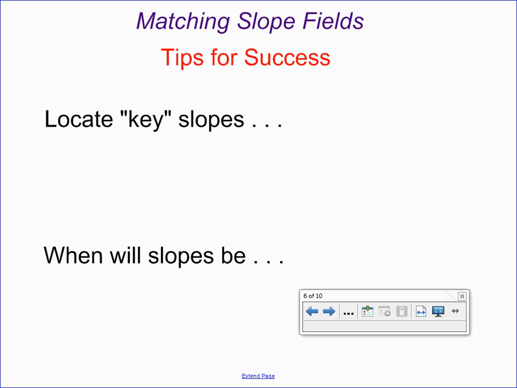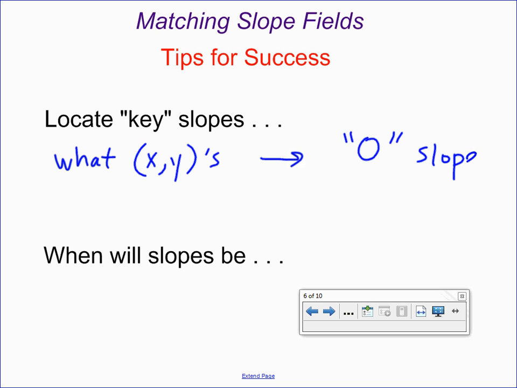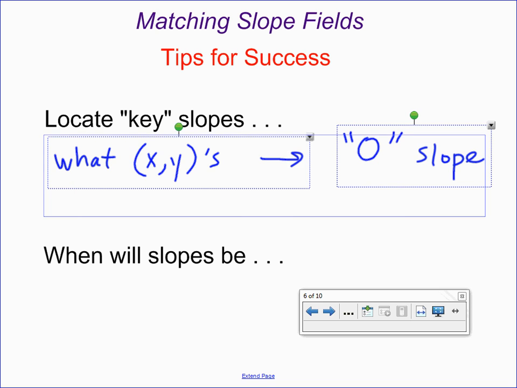All right, so what do we mean by tips for success? Locate key slopes. So what coordinates, x comma y, result in 0 slopes?